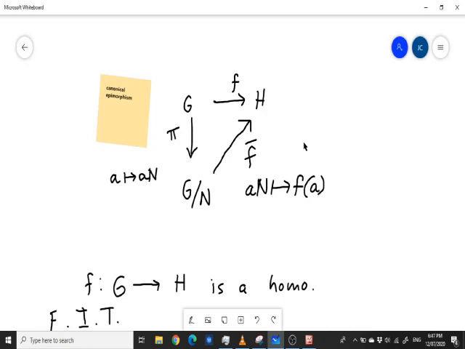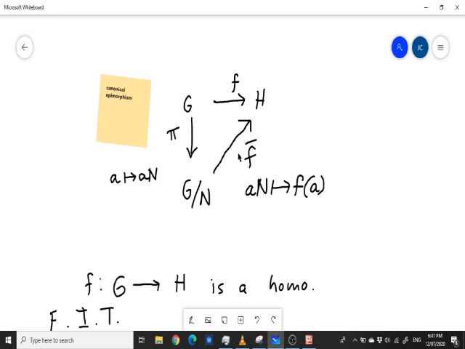And then, actually this is where the brunt of the work is: showing that this function f bar, the definition of f bar, is that the coset aN is mapped to the image of a under f. So from G mod N, we have aN and it is mapped to the image of a under f.